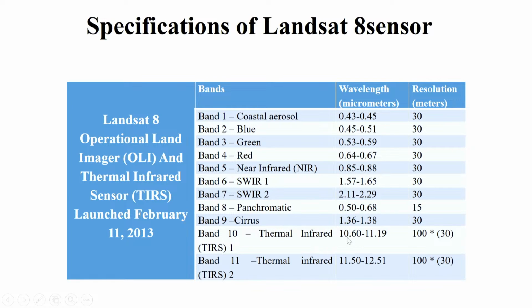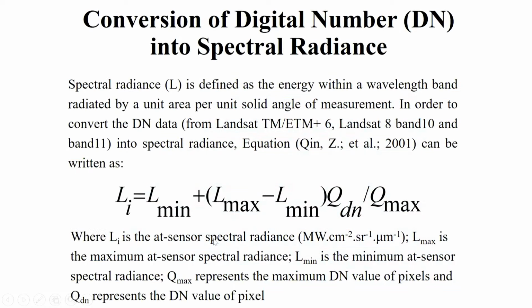The thermal infrared bands are 10.6 to 11.19 and 11.5 to 12.5 micrometer. These two are the thermal bands, band number 10 and band number 11, and they are resampled to a 30 meter pixel size. But it is suggested by the agencies to work with band number 10. Initially both bands were used, but now people are using band number 10 only.